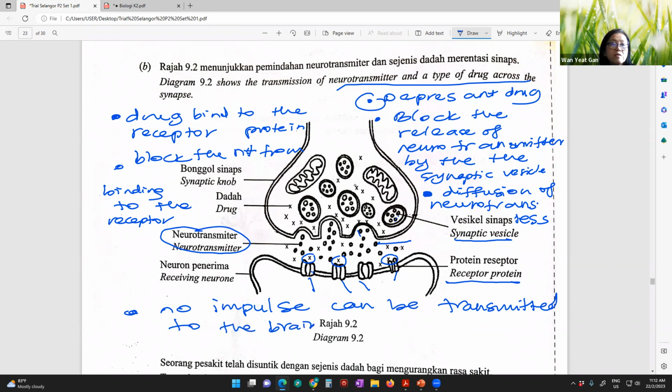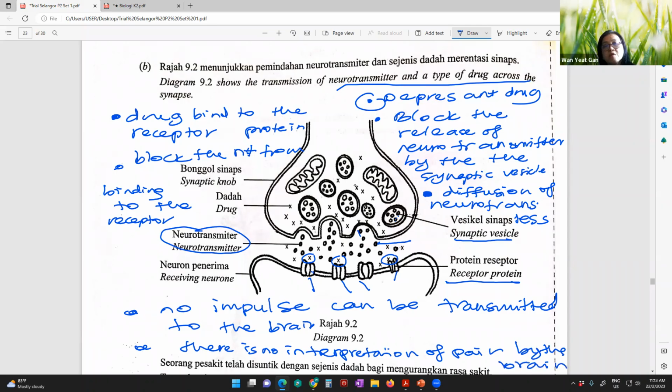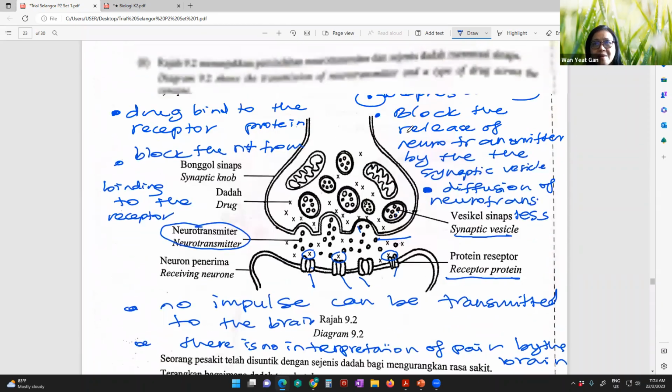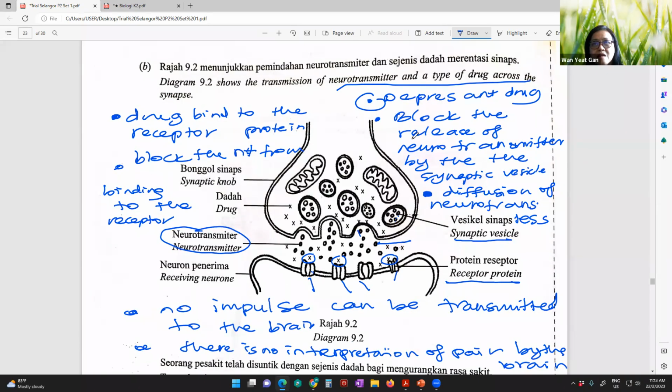So in other words, there is no interpretation of pain by the brain. Okay, so there's no interpretation of pain by the brain, right? So remember, block the release as well as block the binding of the neurotransmitter.